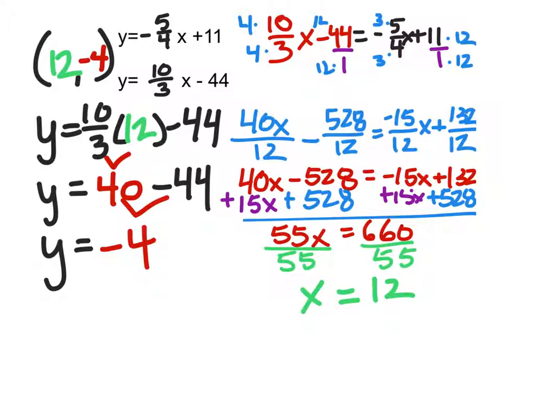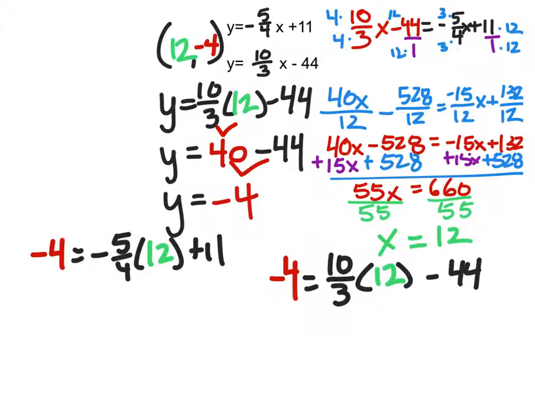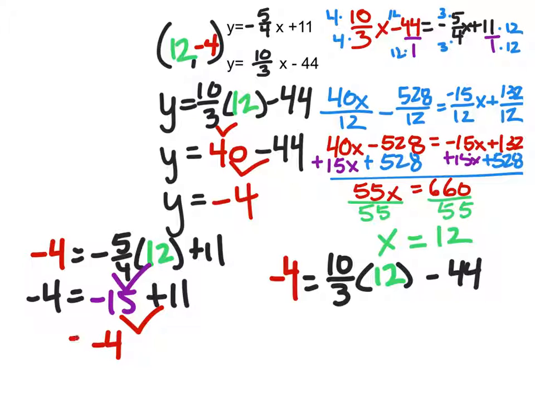And what we're going to do next is just replace the x and the y in both equations in order to make sure that they are true statements. All right, and this is what I have. So negative 5/4 times 12 gives us negative 4 equals negative 15 plus 11. And finally, combining those two gives us a negative 4 does equal negative 4.